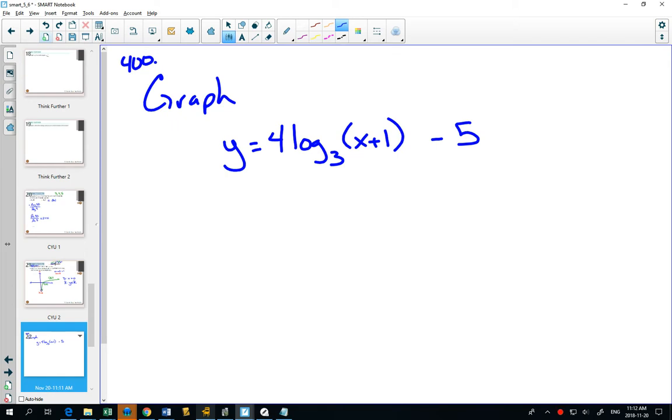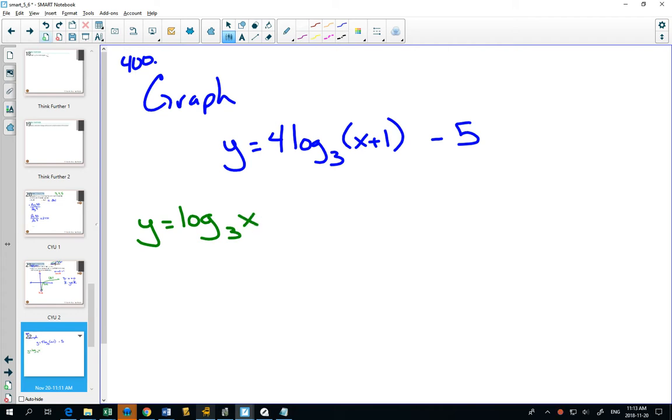So now, how do we do a graphing of this where we have a bunch of transformations? You do it the same way that you would do all your transformations. You have to know what your parent function is and the key points on your parent function. So the first thing you have to be able to recognize is that the parent function is log base 3 of x.